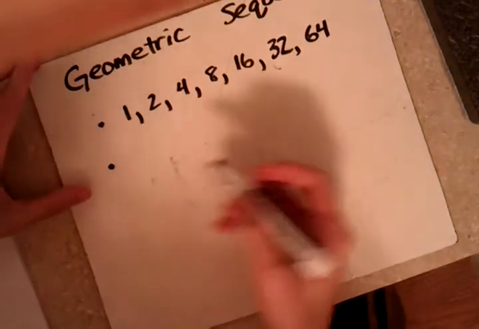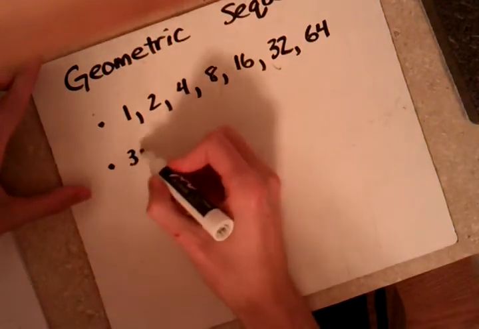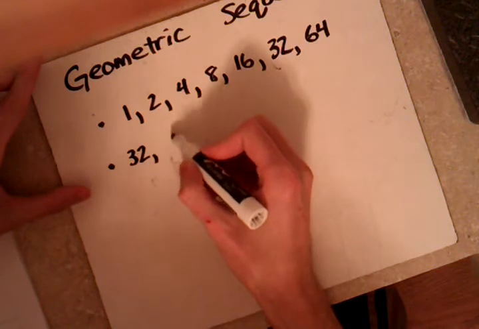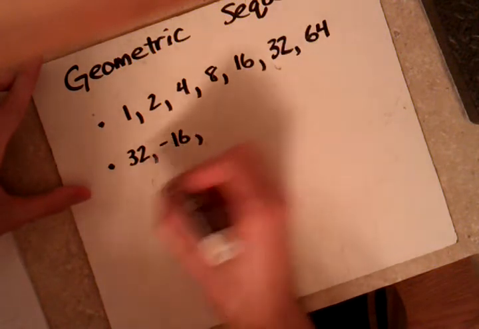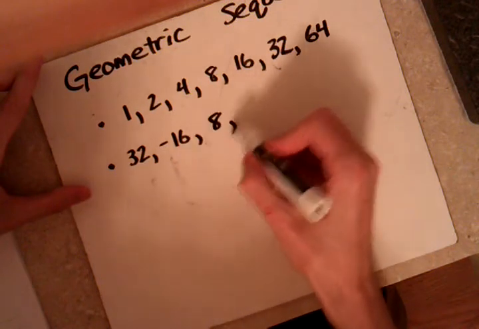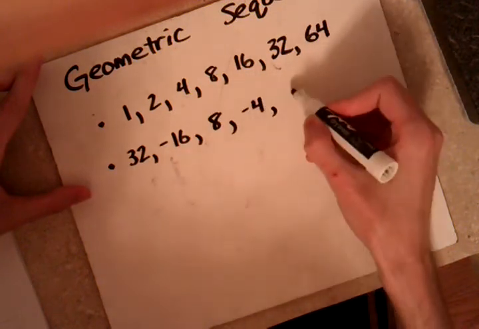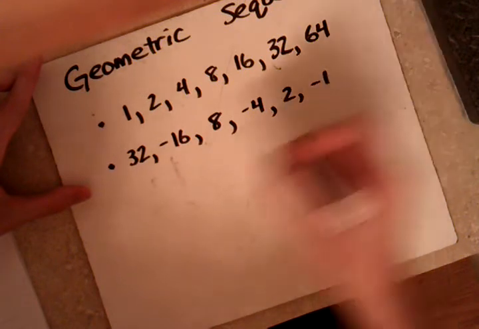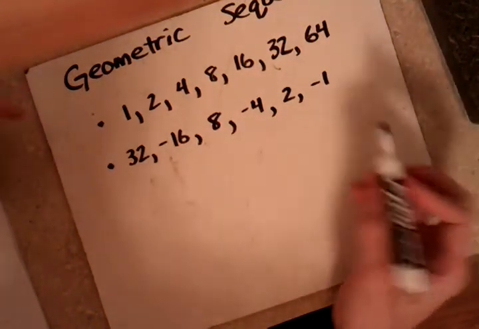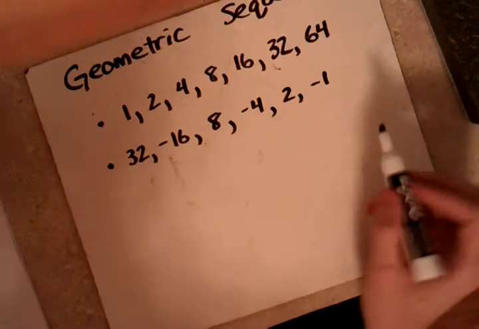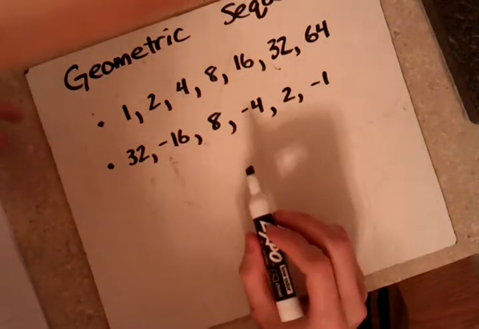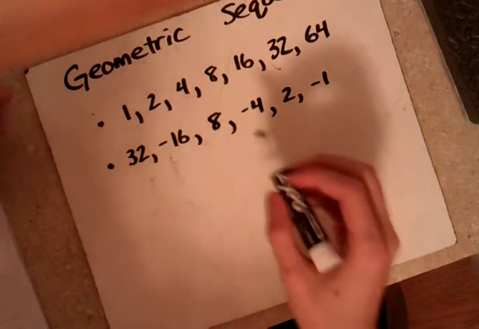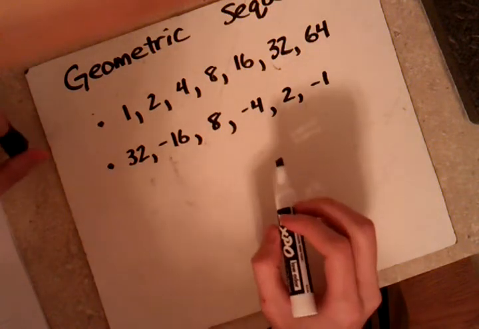It could also go the other direction. There's no need for it to always be increasing. You could also be multiplying by a half, or in this case I'm going to try to multiply by negative a half, and notice when I do that my signs alternate. So the number you multiply can be negative, it can be greater than 1 or between 0 and 1.